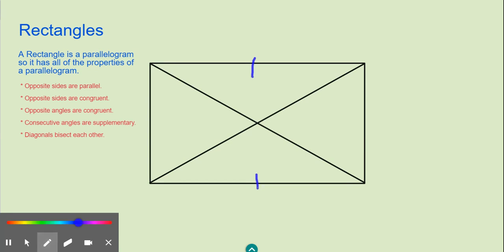Both pairs of opposite sides are also congruent. And you can also say that one pair of opposite sides is both parallel and congruent, and that would force the other two pairs to also be parallel and congruent.